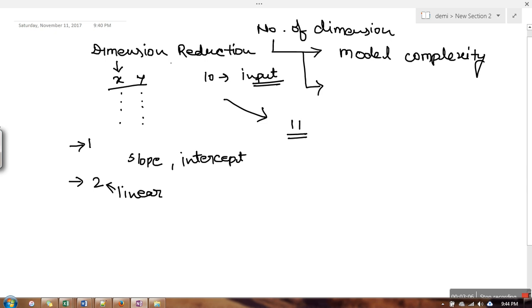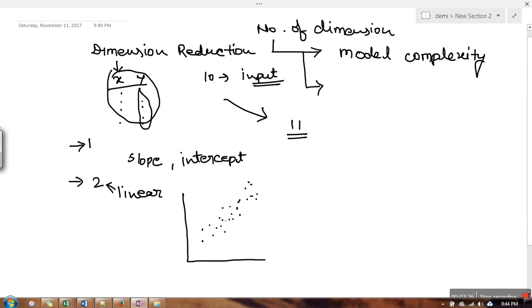Let me take this example first. In this example, if this is a regression problem, it means the type of these values is continuous. So if this is a regression problem, we can plot that data easily, or we can say we can interpret that data very easily.